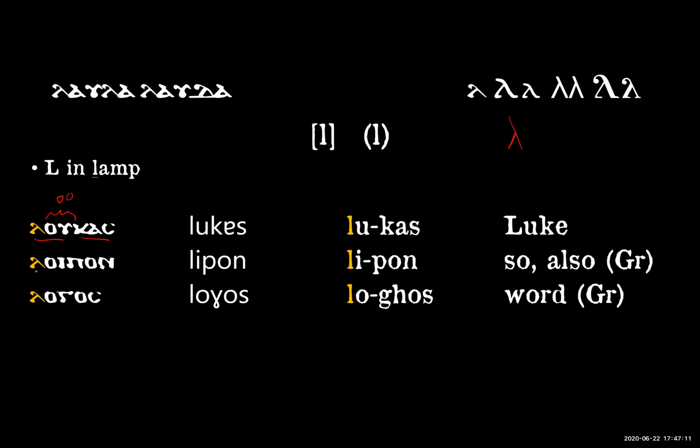This word is pronounced lipon. It's a Greek word. Now you might be asking, Peter, what happened to that O right there? And we will talk about that in lesson 5. Just know for now that O is silent. So lipon. And then the last word, logos, which is the word or logos. Logos. This letter will be in the next lesson.